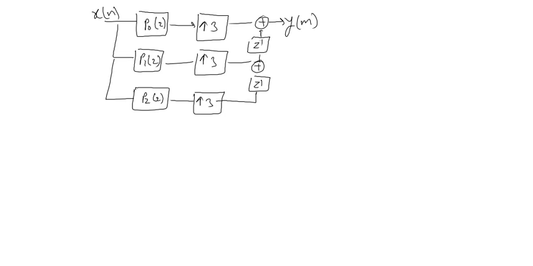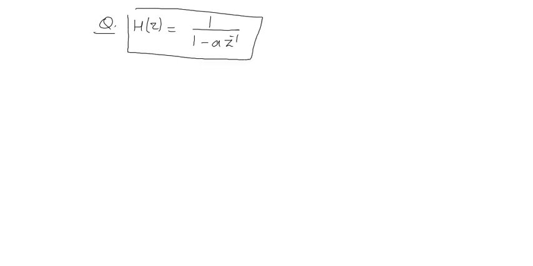Now I will give an example for homework, so you can solve it or make the polyphase decomposition. Let's say that your filter is given as h of z, that is 1 upon 1 minus e to the power z to the power minus 1. What you have to do is determine h0 of z and h1 of z.